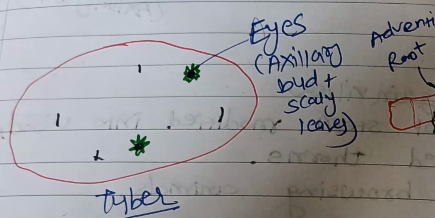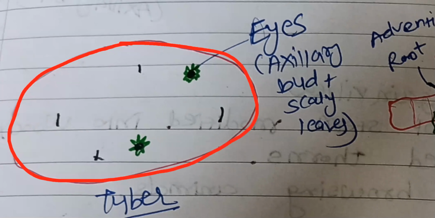See, this is the potato, and remember, that's a special name given to this: the tuber. Now on that, this type of structures are present. See, axillary bud. We call this the eyes. These are structures blackish in color, right? So these are known as the eyes.